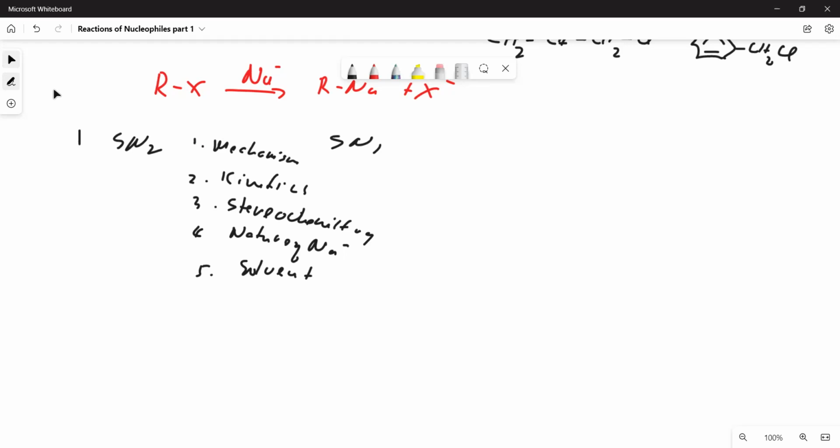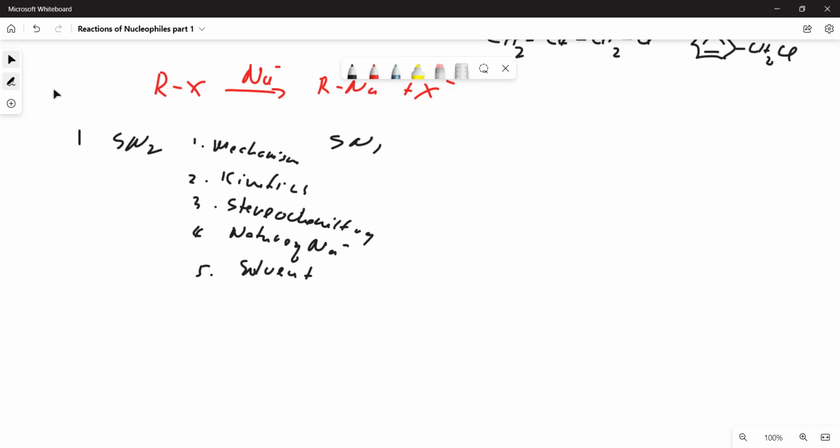SN2 reaction. It is called SN2 because the subscript 2 indicates the two reactants that participate in the formation of the transition state.